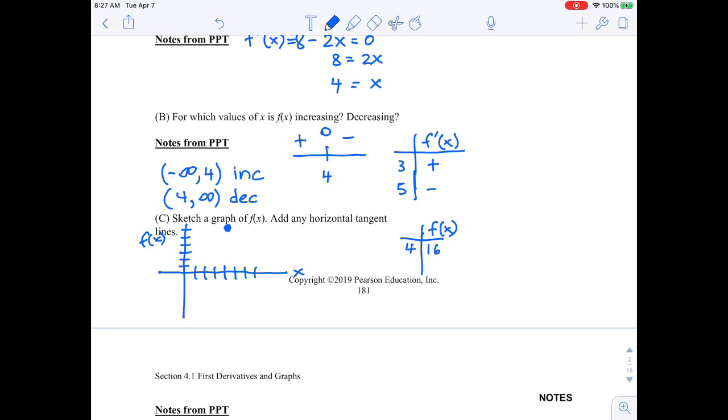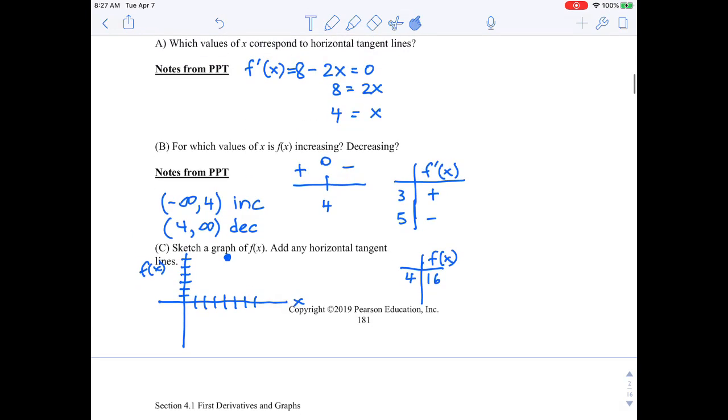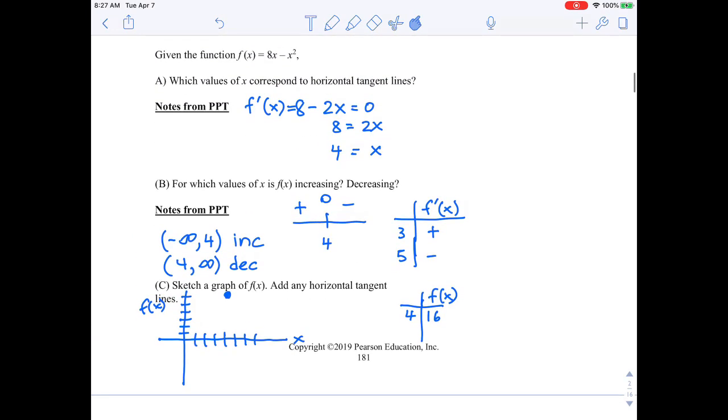And then test some other values so you get at least some good representation. If I put a 0 in the original function, I get 0.